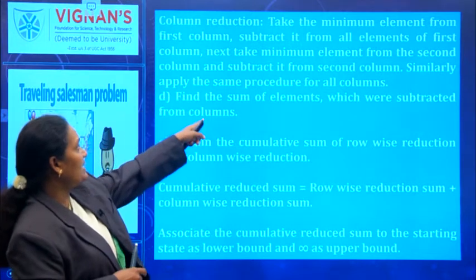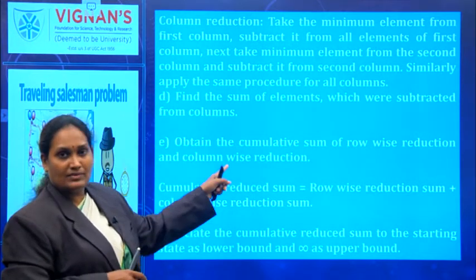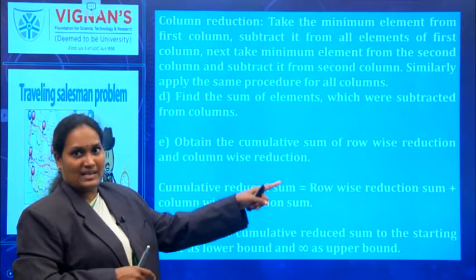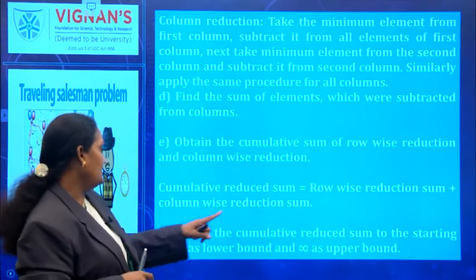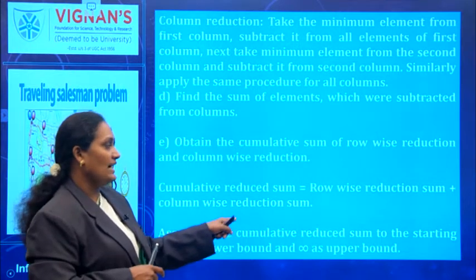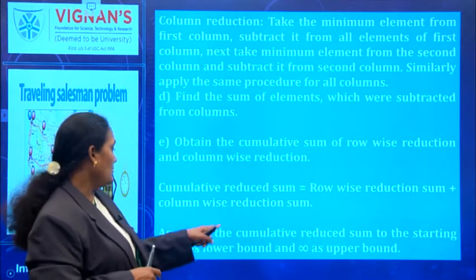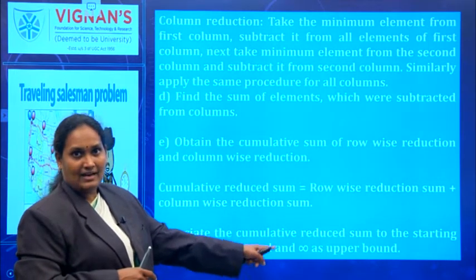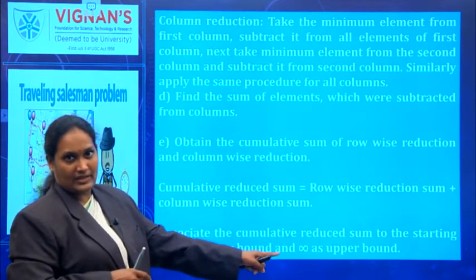Then we do the column reduction and find the sum of column reduction. Find the cumulative reduced sum, that is row reduction plus column reduction, and this reduced value becomes the lower bound of the starting point, and consider infinite as the upper bound for the starting point.